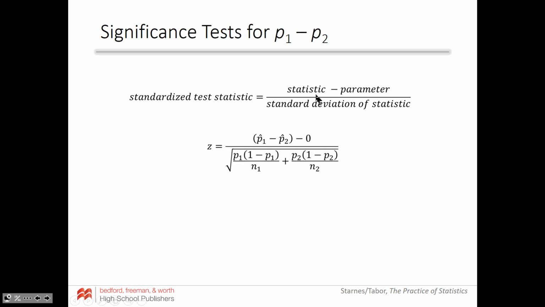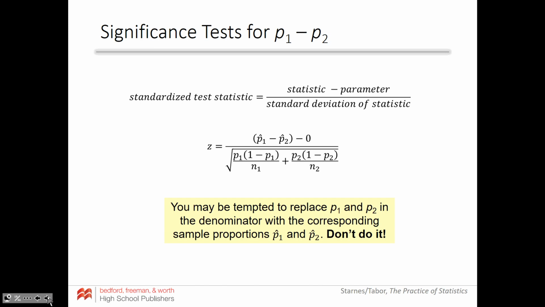The statistic is like the data we collect, but we're looking at the difference between the two p hats. The parameter, remember, our null hypothesis was that the two p's are equal. So the difference we're testing is, is it 0 or is it something different? So the parameter here is 0. The standard deviation of the statistic: when we combine the sampling distributions of these two proportions, this is the formula that we would use, and this is going back a couple chapters now.